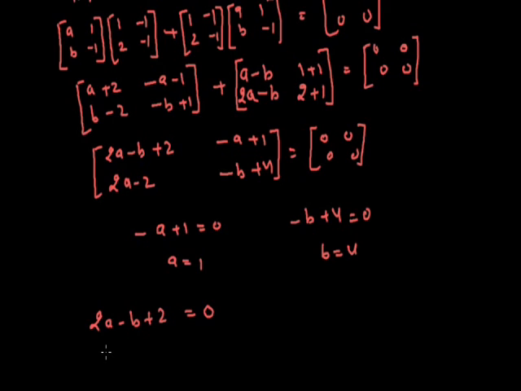So 2 into 1 minus 4 plus 2 equals 0. Sorry, now if we put the values a equals 1 and b equals 4, it is 2 minus 4 plus 2, which is 0. Now left hand side equals right hand side. So the correct values for a and b are b equals 4 and a equals 1.